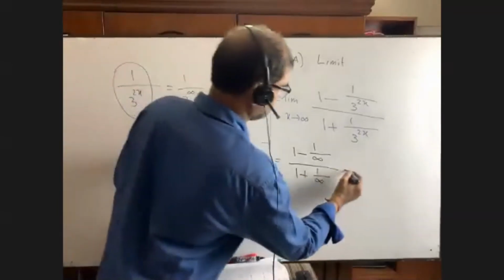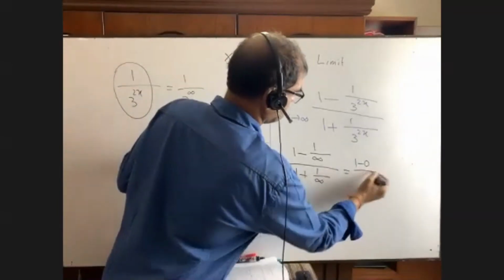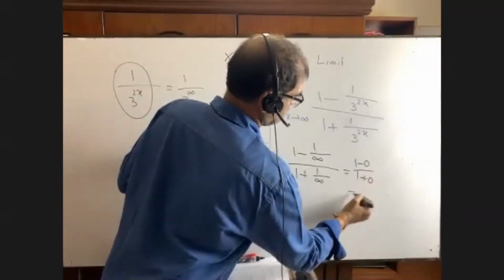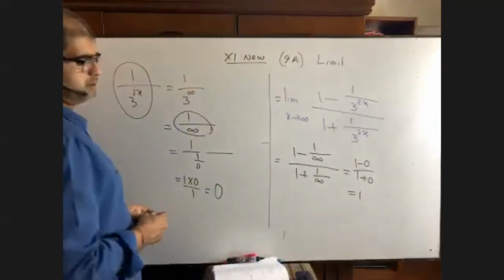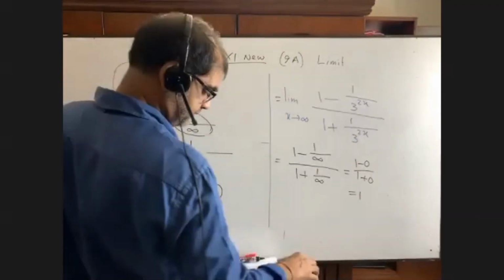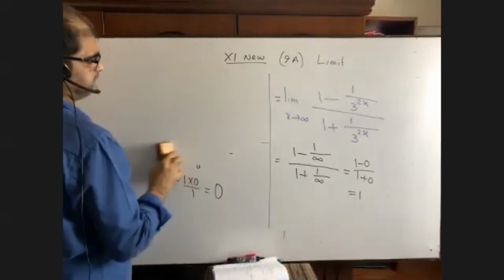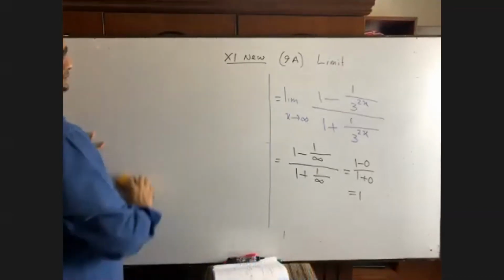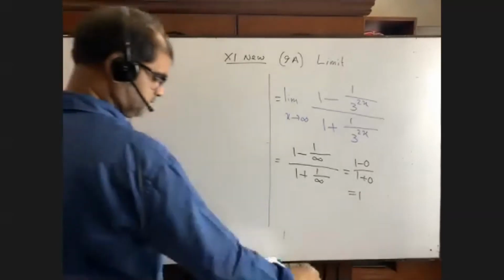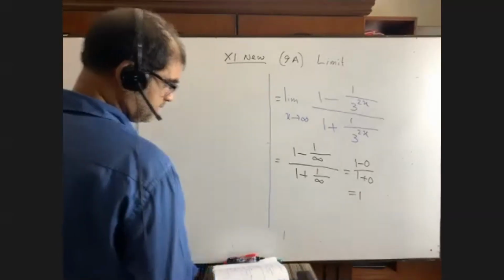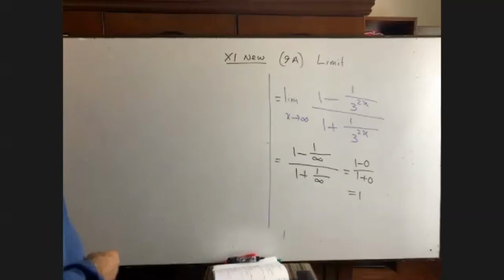So we can write here 1 minus 0 over 1 plus 0 equals 1. Talk to me. Sir, instead of writing the infinity part, could we just write 0? Better to show, otherwise you will sometimes forget.